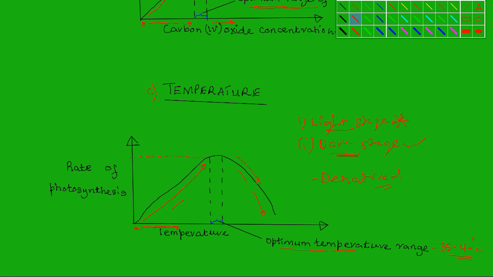Now, water as a factor affects many reactions in a plant, not just photosynthesis. And even in photosynthesis, water is involved in a number of ways as a raw material, and therefore if it is deficient, then the rate will go down.